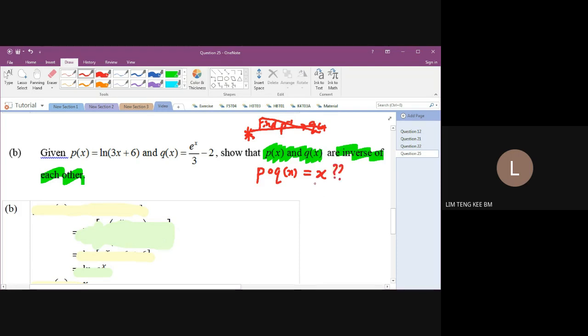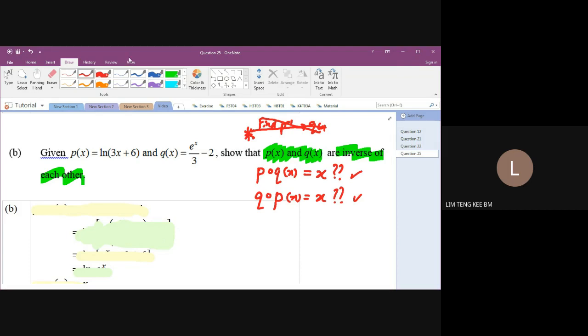And just PQ composite like this is not good enough. At the same time, we would also like to investigate the composite of QP. Whichever comes first, whether they equal x or not. If both of them equal x, then yes, confirmed they are inverse of each other. If just one of them, then no, it is not confirmed.